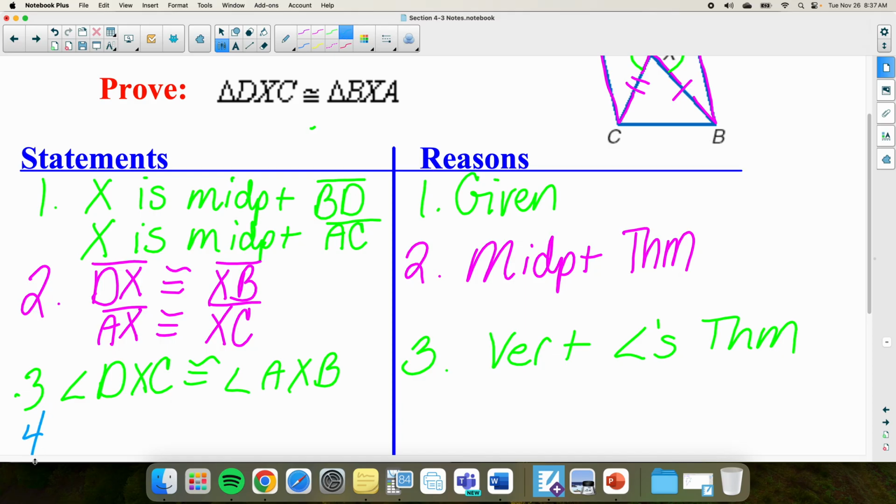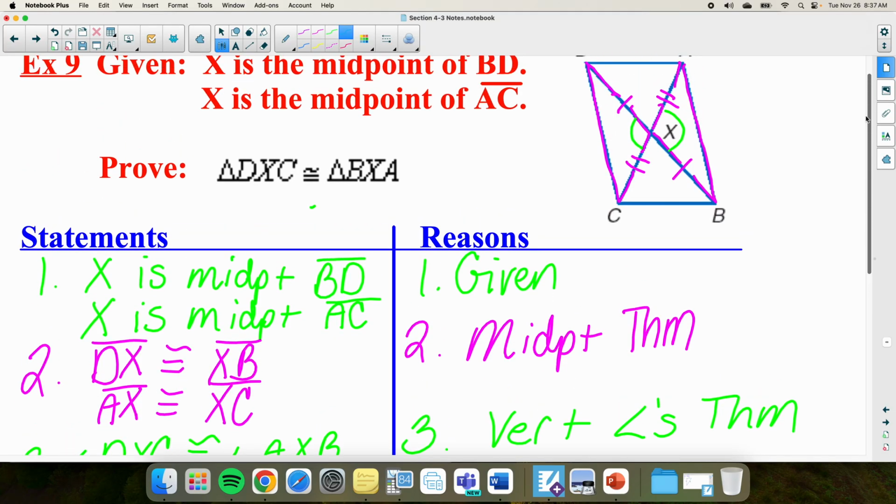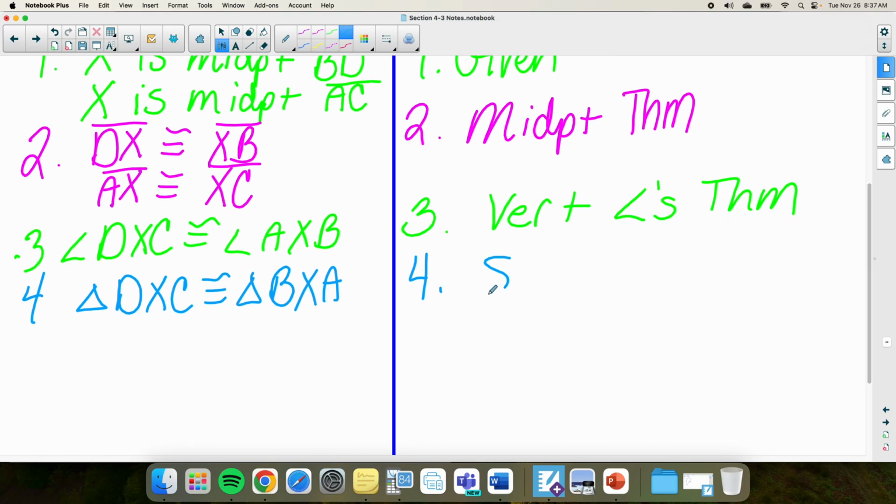So you're gonna say triangle DXC is congruent to triangle BXA by, and this one is what? Isn't it side angle side? Side angle side. Okay.